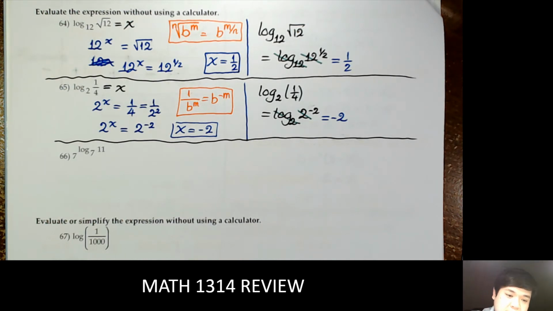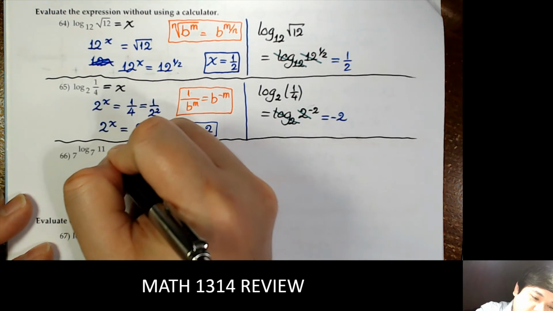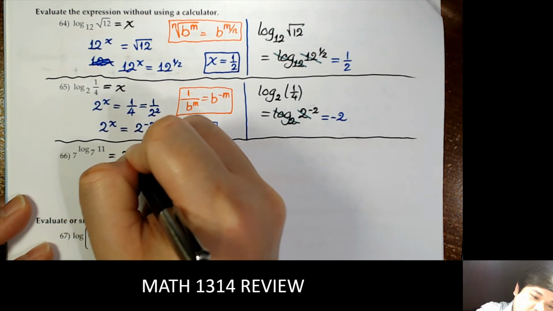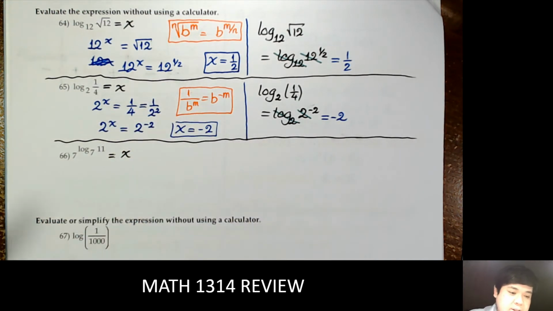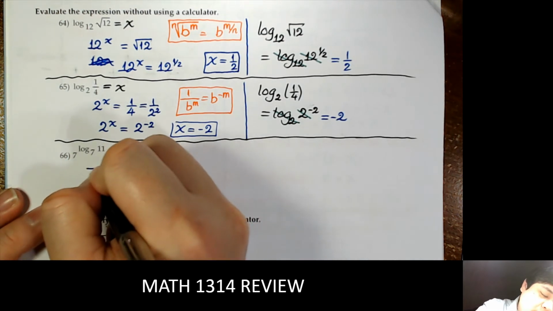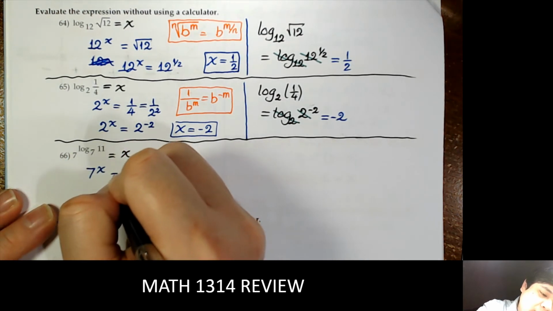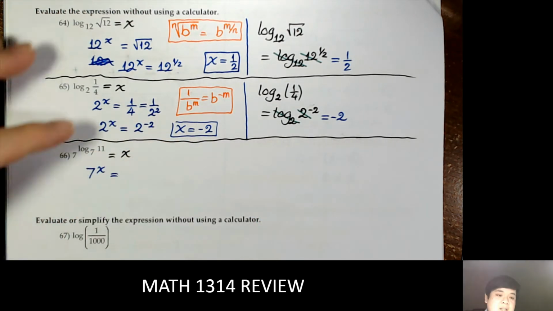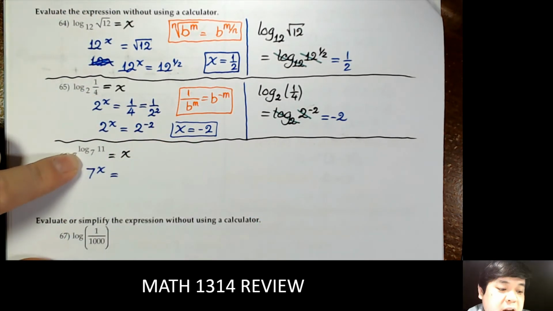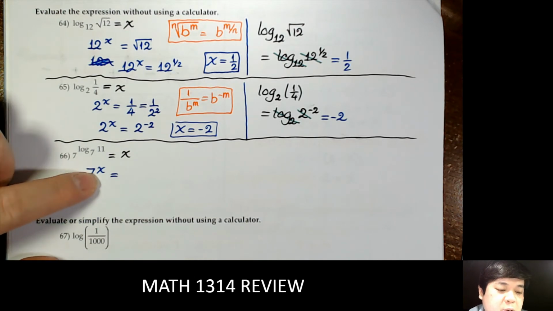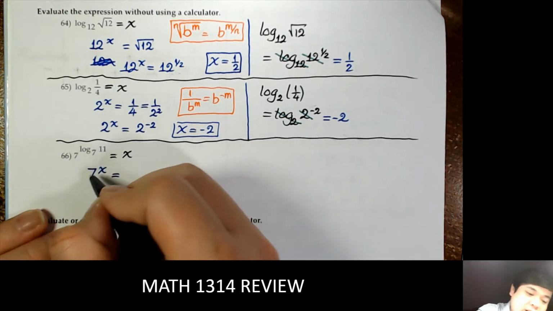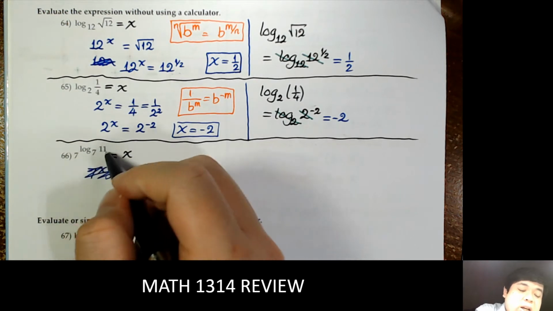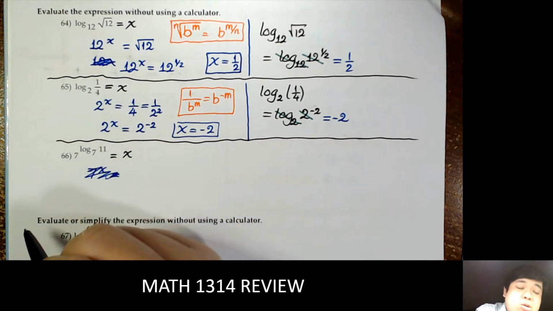Next, also do that in two different ways. We make that equal to x, and then we swap: 7 to the x power equal to... Now, notice the difference here: this is already in exponential form, so we're not going to write 7 to the x power like that.